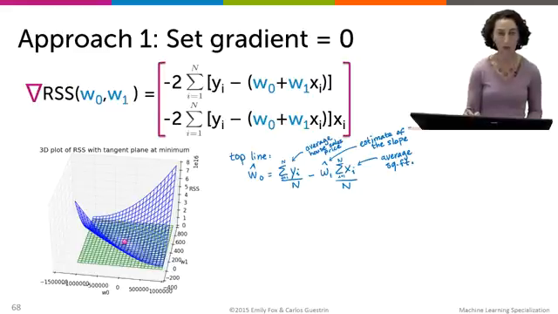But again, this is in terms of W hat 1, so we have to provide another equation to actually get at a solution.